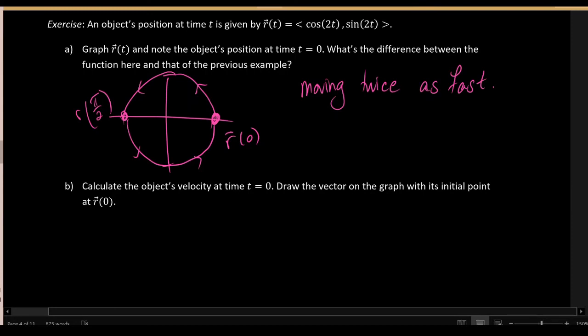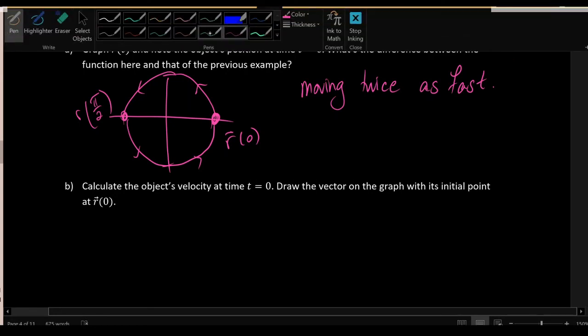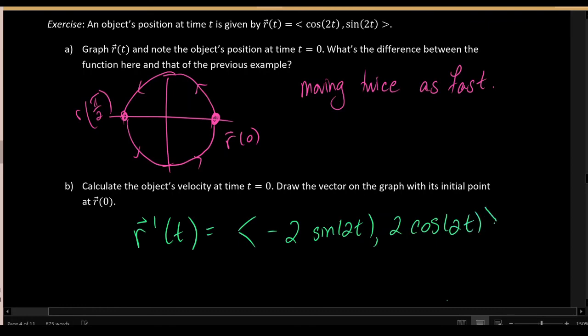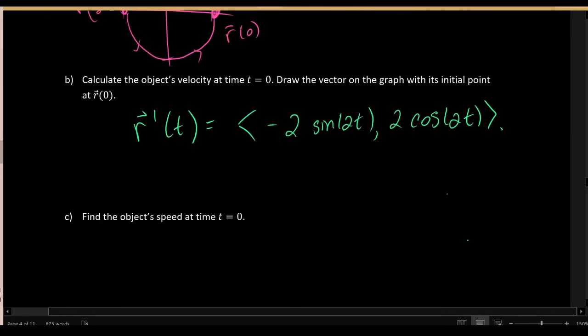Now let's see how that change in speed affects the derivatives of this vector valued function. If we calculate the velocity vector in this case, we have to be careful to remember to use chain rule, not just to calculate the derivative of the outer function cos, but to calculate the derivative of the inner function 2t. So this time our velocity vector has an extra factor of 2 that has appeared as a result of chain rule.